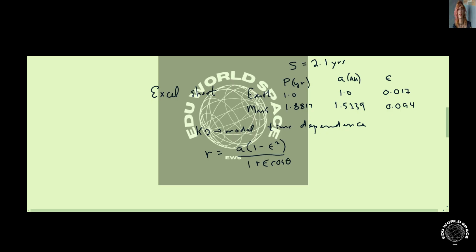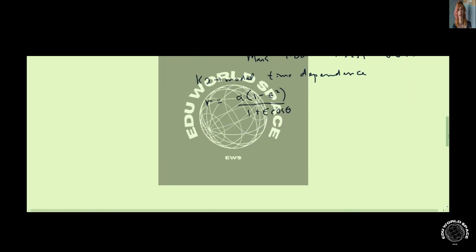And basically looked at a lot of data, but the first experiment that I needed to figure out how to do was to get the Earth to be at aphelion at 0 degrees.